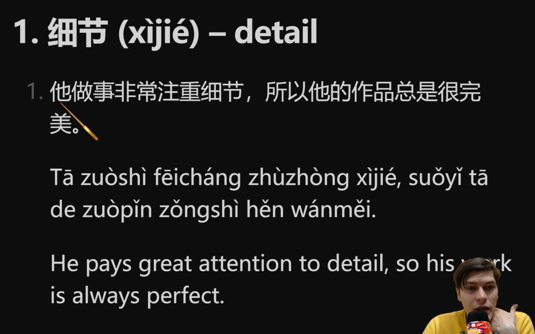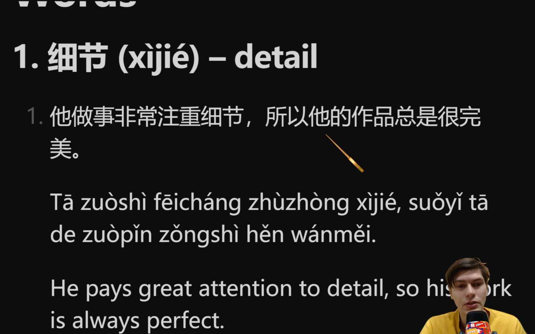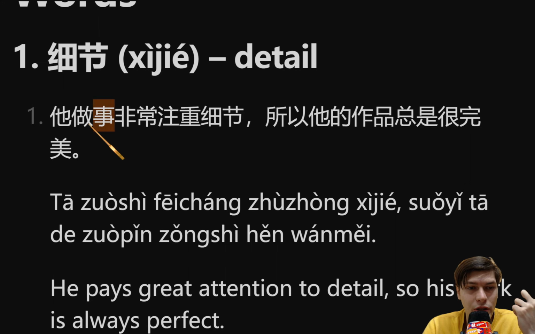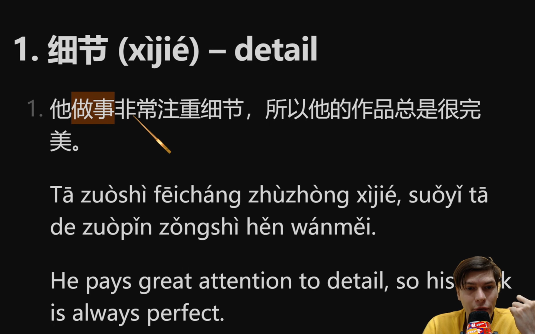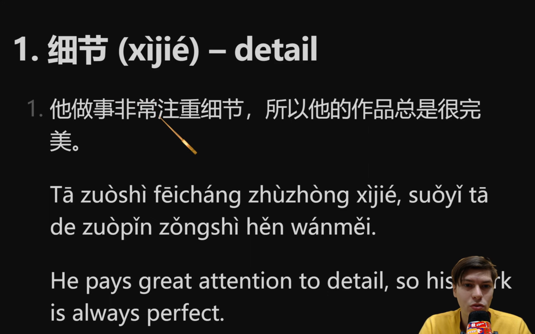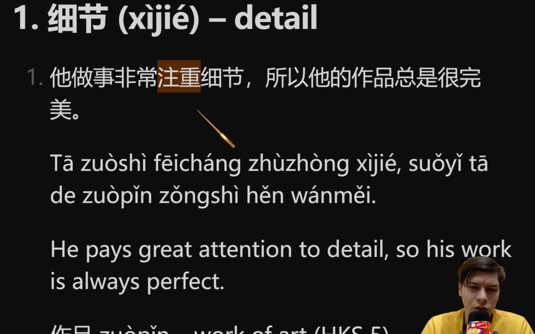So, 他做事非常注重细节，所以他的作品总是很完美。Let's see. 他做事, 做 is to do, 事 is things, so doing things. 非常注重细节。注重 is also a bit advanced.